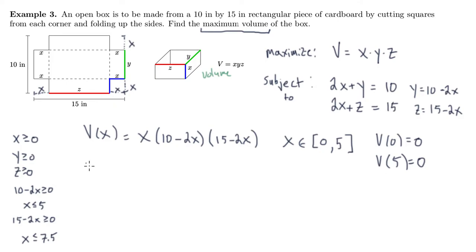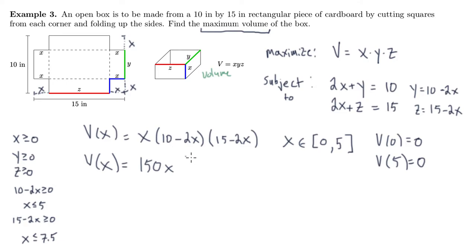Let's first expand this out, to make it a little bit easier to take the derivative. So our function should be 150, 10 times 15, 150, and then we have a factor of x.